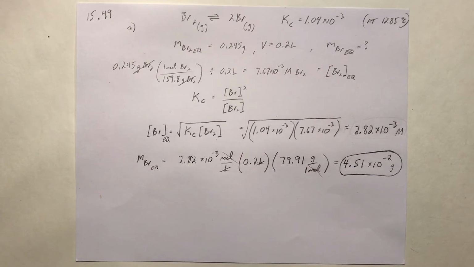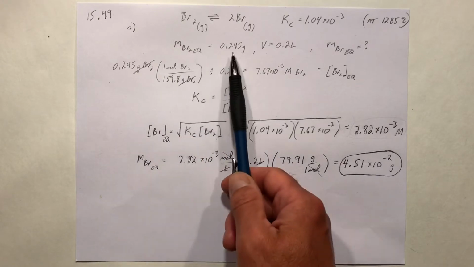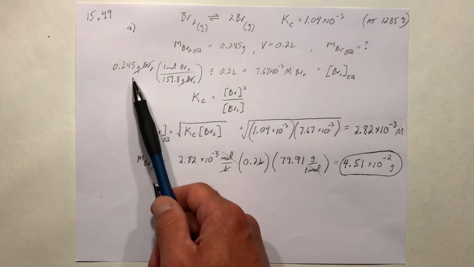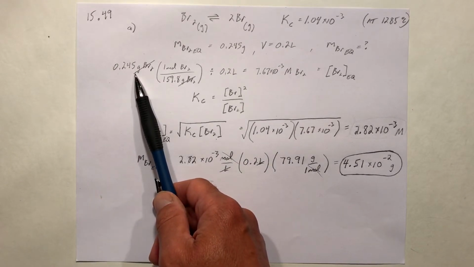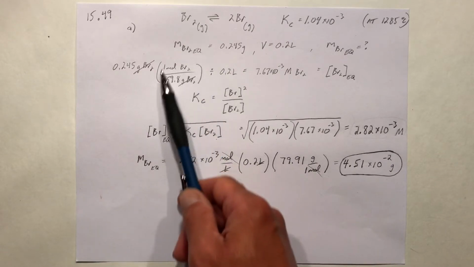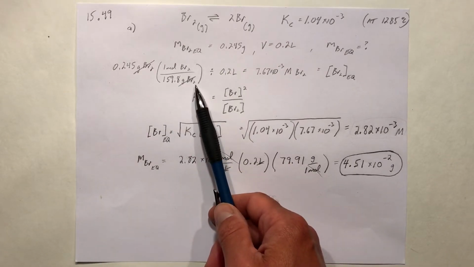Now, equilibrium calculations have either pressure or concentration. We can't calculate equilibrium calculations with mass. So the first thing we're going to do is turn this known mass for Br2 into a concentration. So set it up so that grams crosses out and becomes moles using the molar mass of Br2 that we add up off the periodic table.